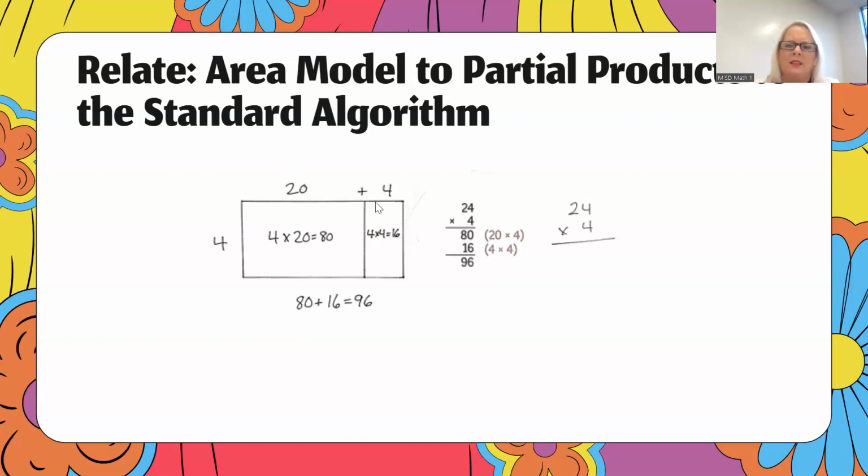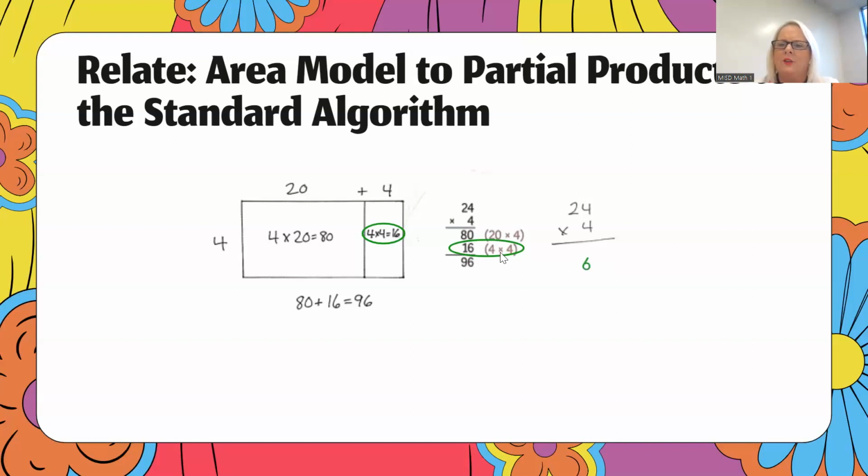So when we look at this and then we look at this, we want to look at, okay, what's the same? How do they relate to each other? And so we might just say, okay, well, 4 times 4 is 16 here. Do you see that anywhere here in the partial products? And hopefully they will see 4 times 4 is 16 is just the same there. We're just multiplying this 4 times 4 to get this 16, right?